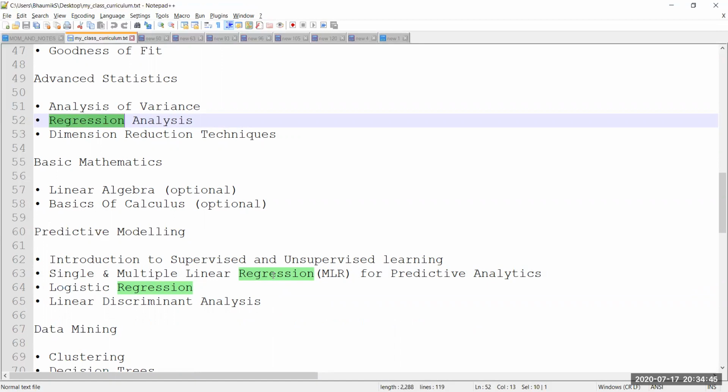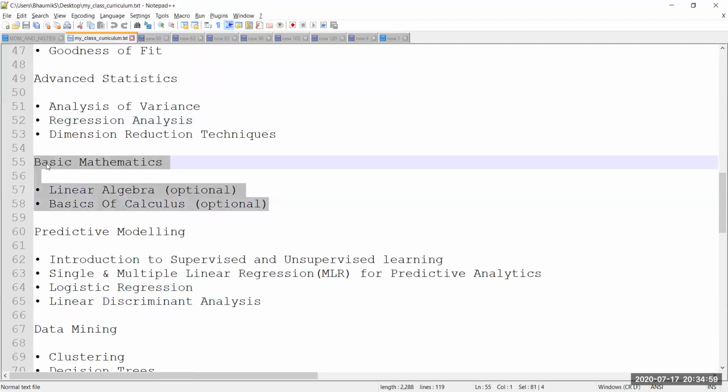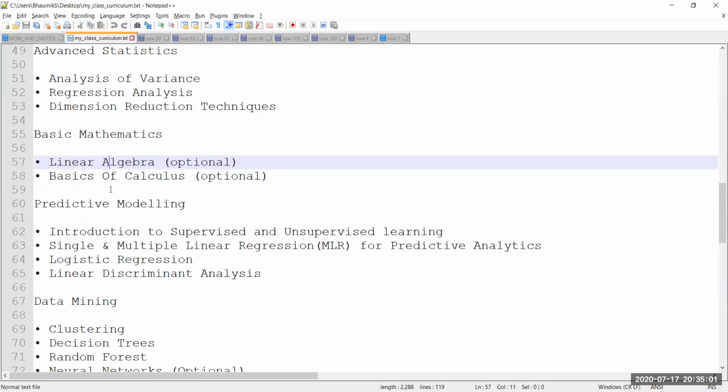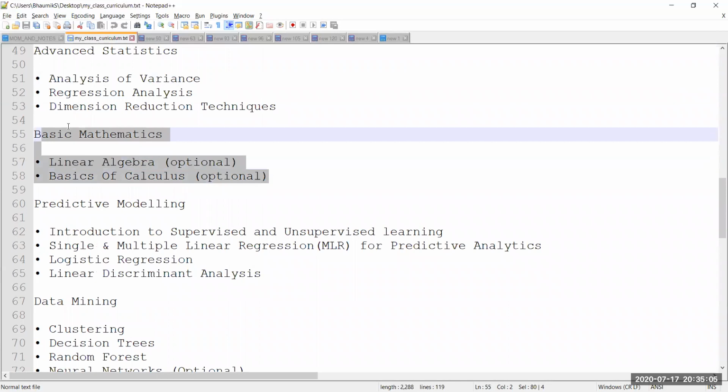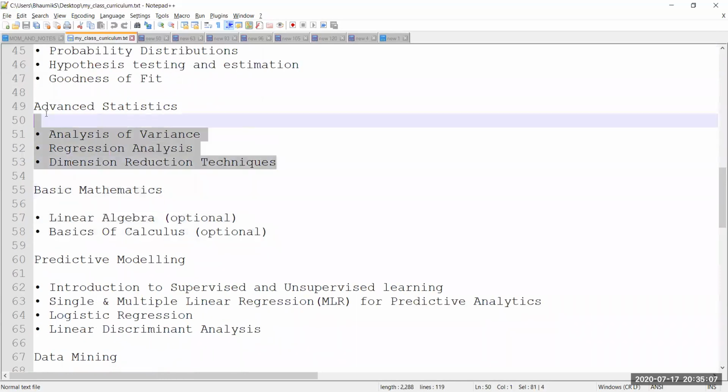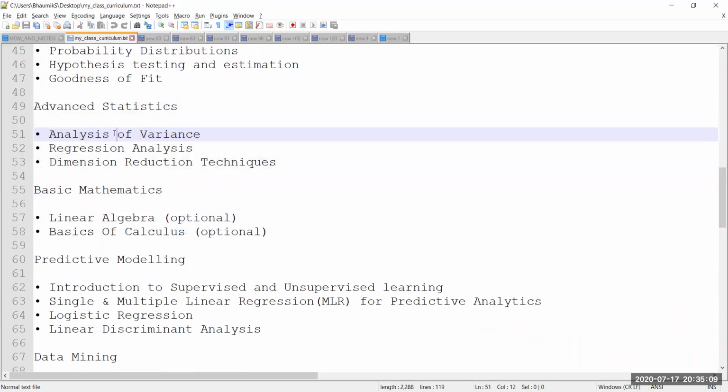Sometimes they are considered part of the machine learning area, but they actually are not, and I will explain why I would not like to classify them that way. Then we need to look into some basic mathematics. Don't worry, we will look into these as we go along with regression and the rest of the things.